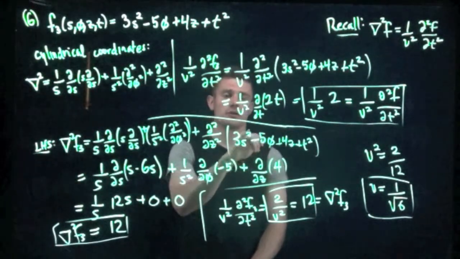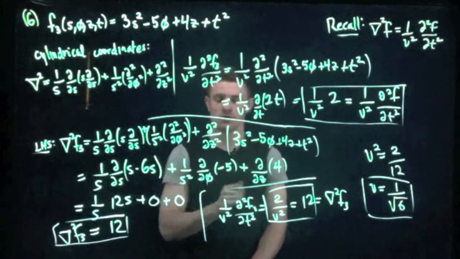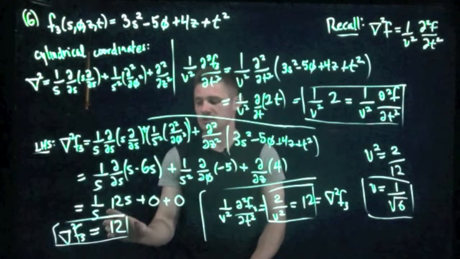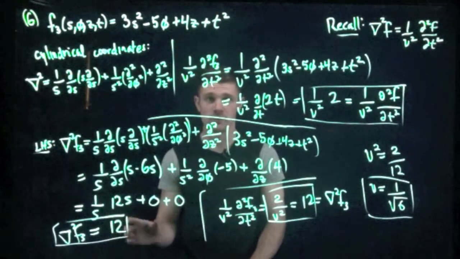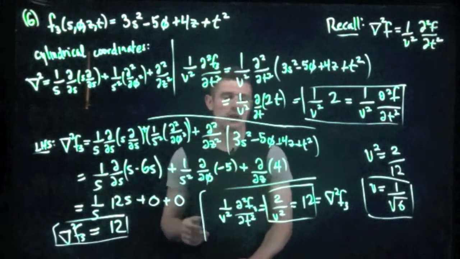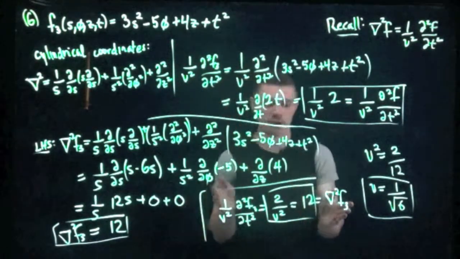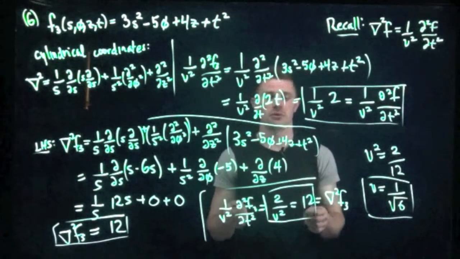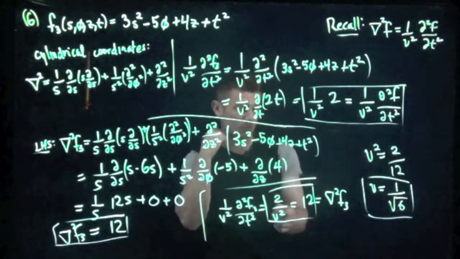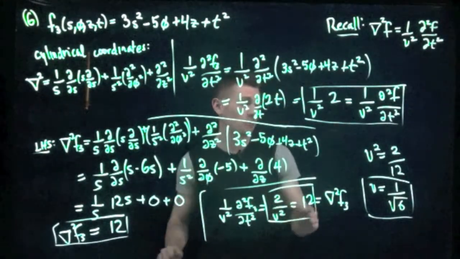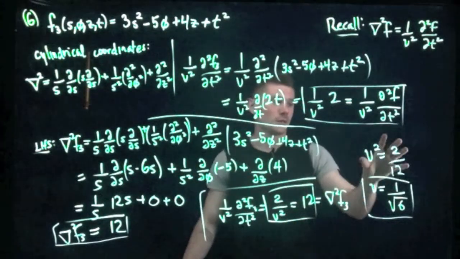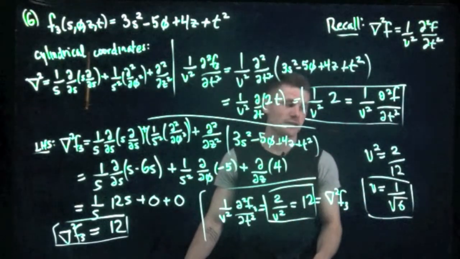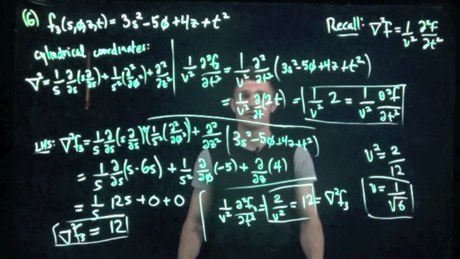Then we end up with our 6s term, continue our derivatives through, and we end up with just the constant 12. So the Laplacian of f3 is equal to 12. And then of course we can see that this satisfies the wave equation because the left-hand side is equal to the right-hand side up to a constant, and that constant is given by the velocity of the wave v squared, which we can solve for as 2 over 12, or that v is equal to 1 over the square root of 6.